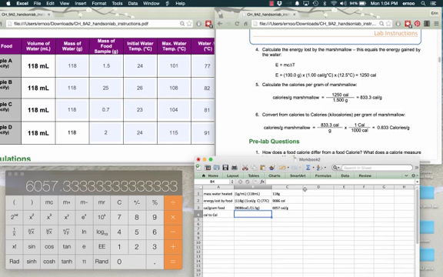Okay, and the last thing we have to do is convert from lowercase c calories to capital C calories. Why? What's the difference? Well, a capital C calorie is a kilocalorie. The reason we don't call it kilocalories is because it just adds an extra syllable onto the word, and humans are lazy. So we abbreviate the kilocalories by changing the c to capital.